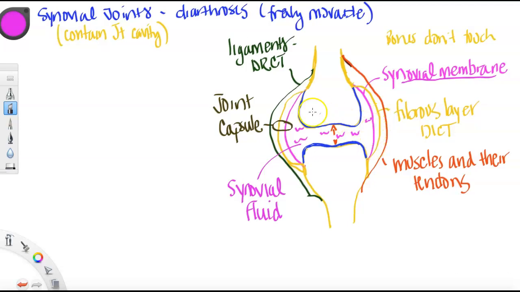What that is, there are 6 types. So 6 types of synovial joints.